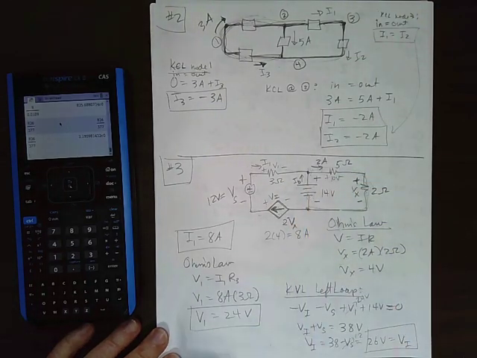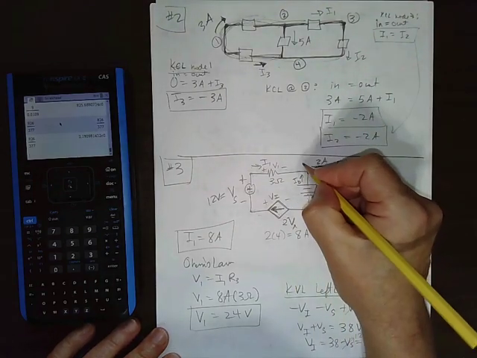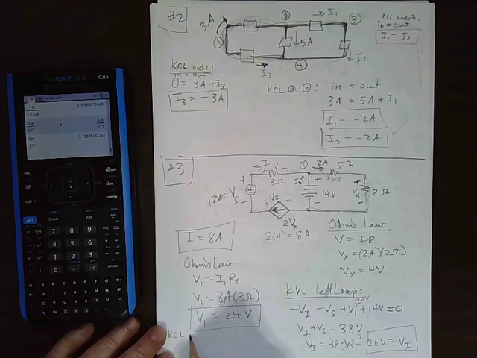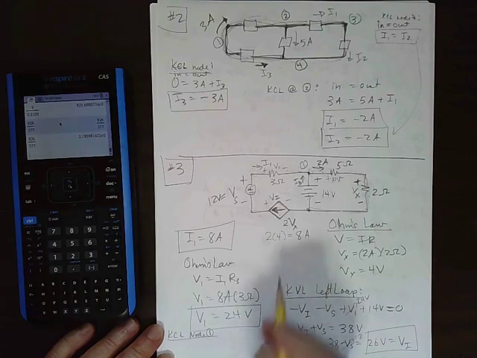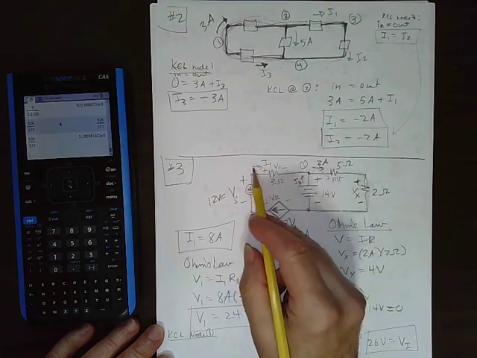So what is the current of that battery? We haven't named these nodes. Let's just call this node 1 since we don't have any nodes. So let's do KCL at node 1. All right. What do we get? We want current in equals current out. So what do we have? We have I1 going in.